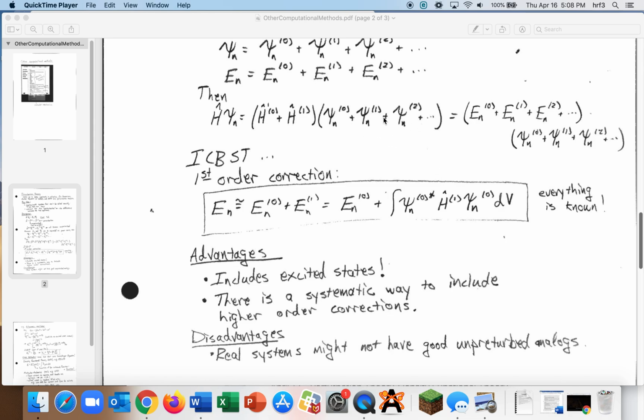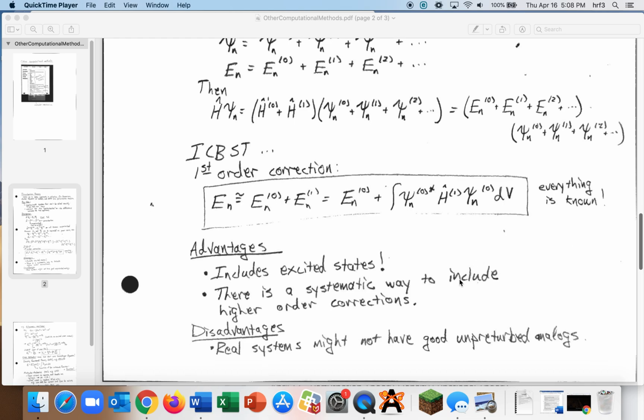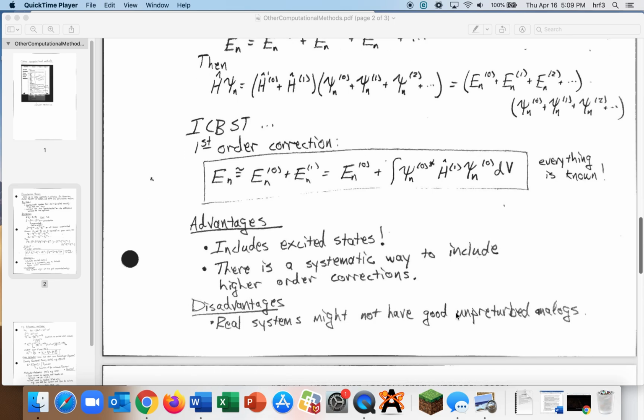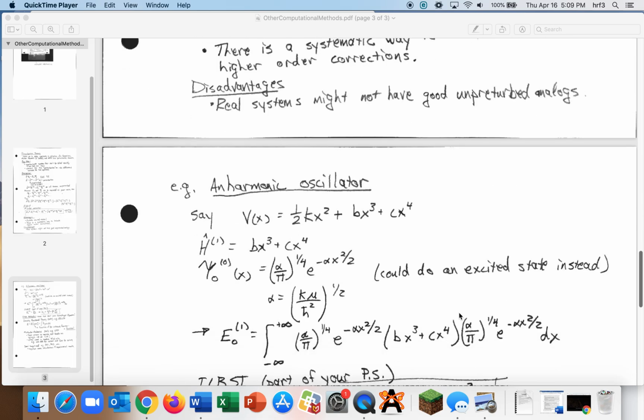You can imagine we have them all here in our Taylor expansions, and we could work with those to get higher order corrections. The disadvantage is real systems might not have good unperturbed analogs, and so then your results might not be that accurate if they're quite a bit different from a system that you can solve exactly. Alright, so that's perturbation theory.